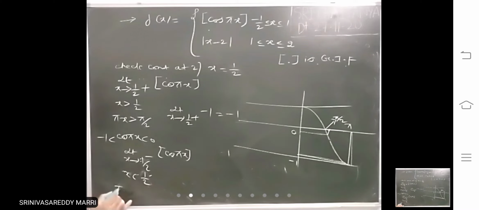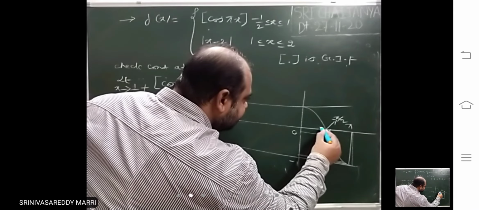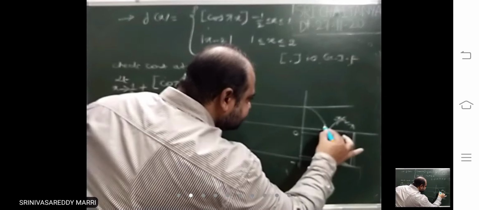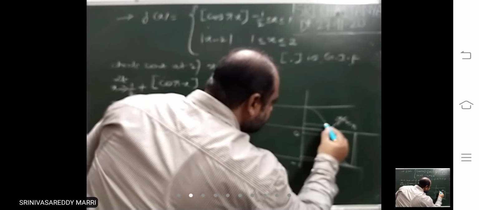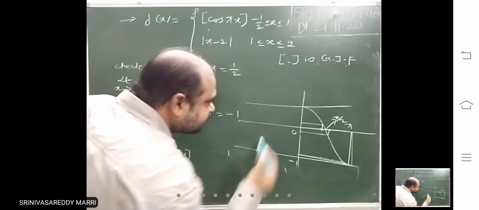Now multiply with pi. Pi x will be less than pi by 2. That means pi x will be just less than pi by 2. Just less than pi by 2 means here. Where is the graph? Y value will be somewhere here. If just less than pi by 2, it will be just close to 0.